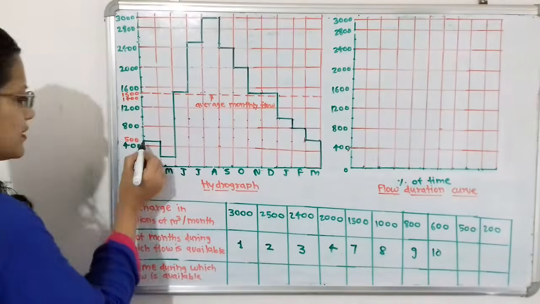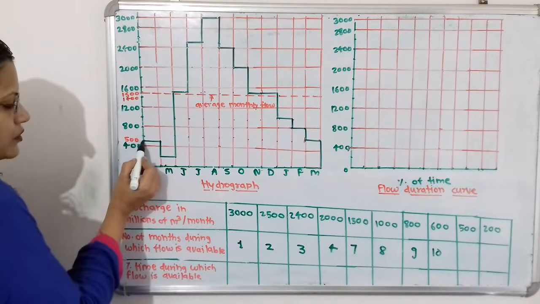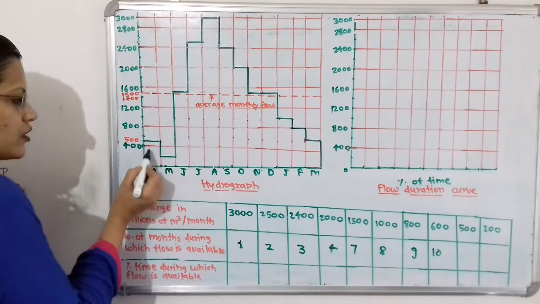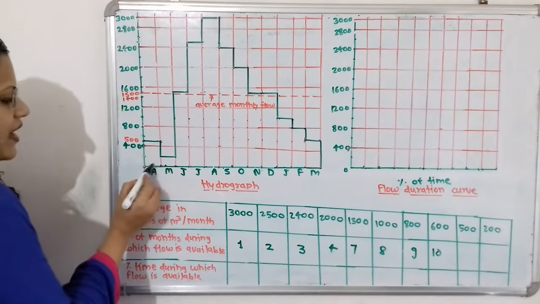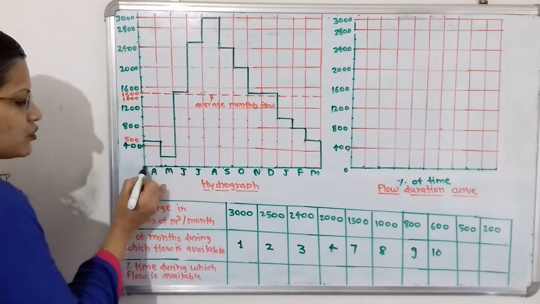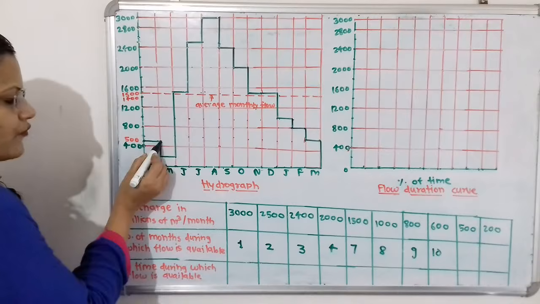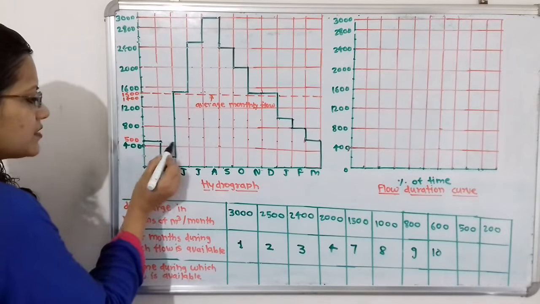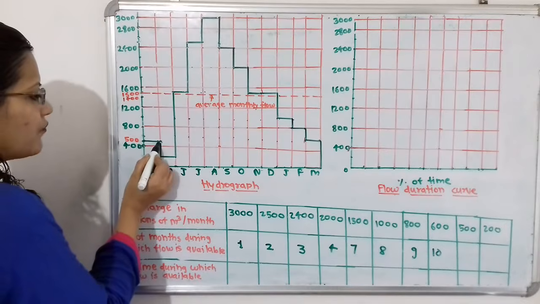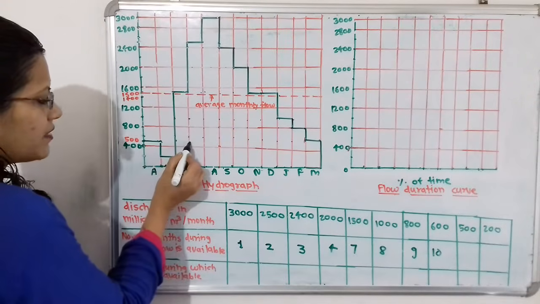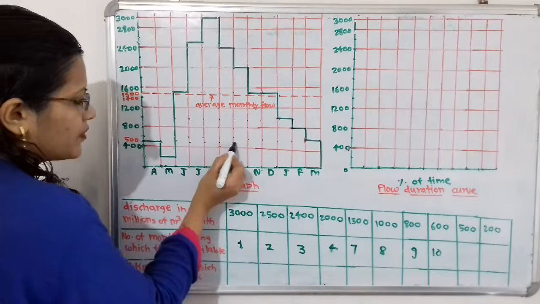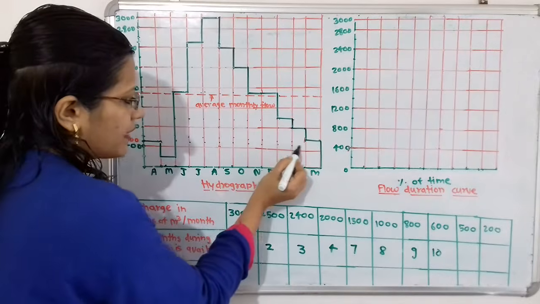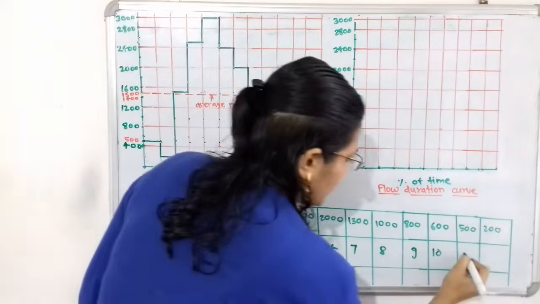Then for 500, if we observe, this first block also has discharge 500. That means we can say that in the month of April there is a discharge of 500. So we will select this one block. So here is 1, then there is the gap. So this is the first, then here is second, third, fourth, fifth, sixth, seventh, 8, 9, 10, 11. So here is 11.